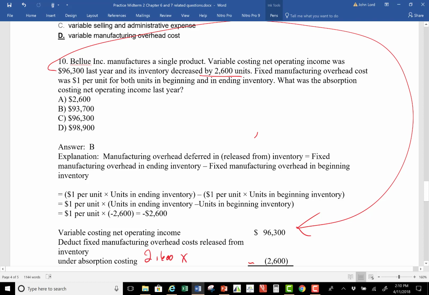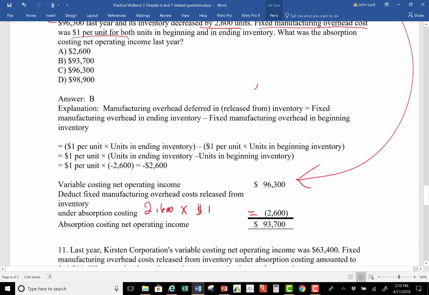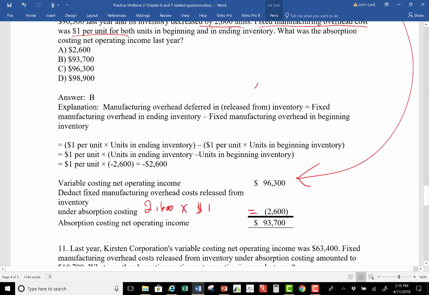They tell us it was $1 per unit was the fixed manufacturing overhead. So that's easy. You just multiply that times $1. That gives me 2,600, which is subtracted off of my absorption because my variables is going to have a higher net income since the inventory levels decreased, right off of that slide. Okay.